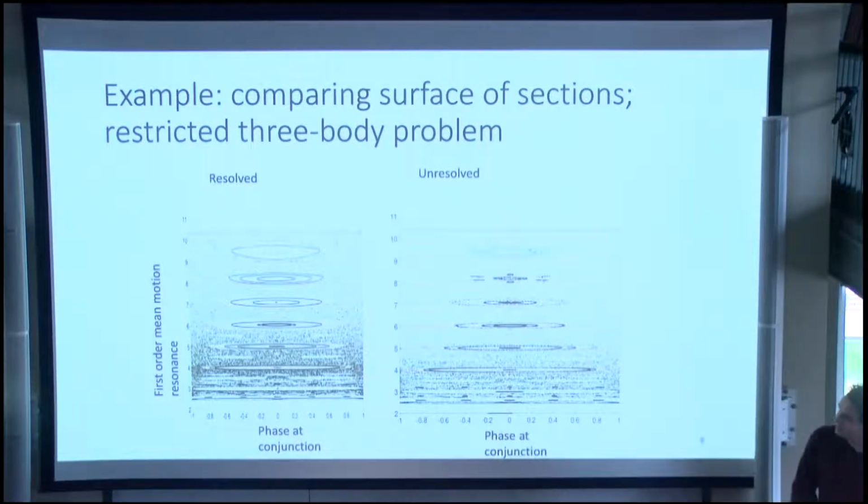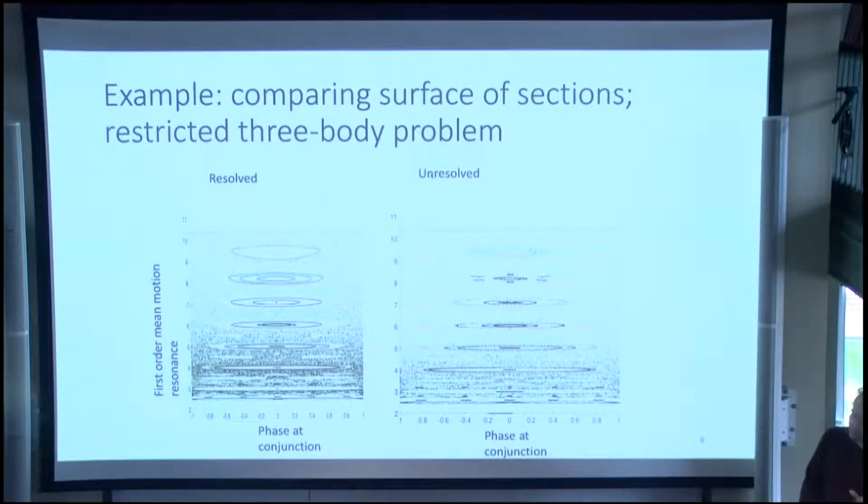The important thing is this indicates the chaotic sea, where the test particle executes chaotic motion, and there are these regular regions. So these are initial conditions for which the motion is regular, periodic. So this is the resolved case.